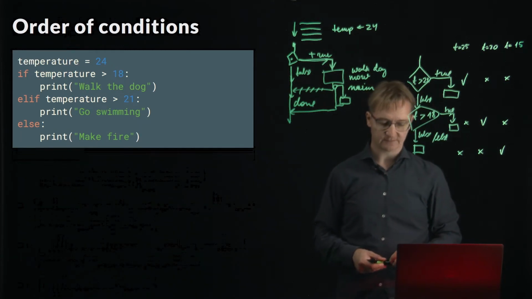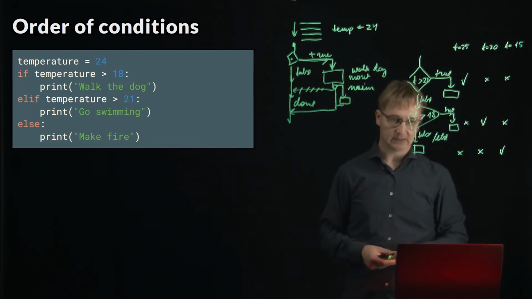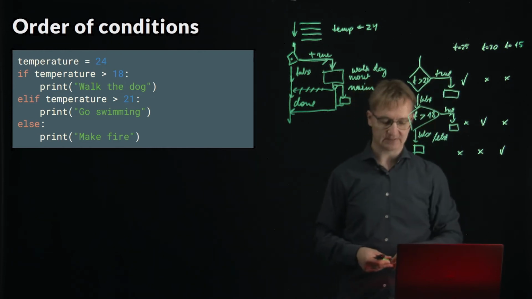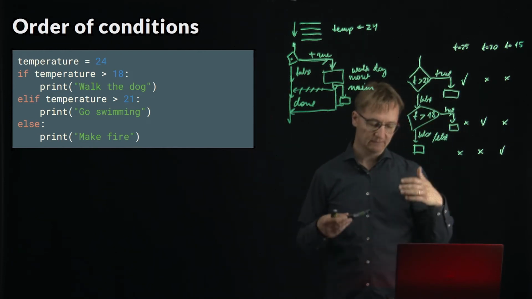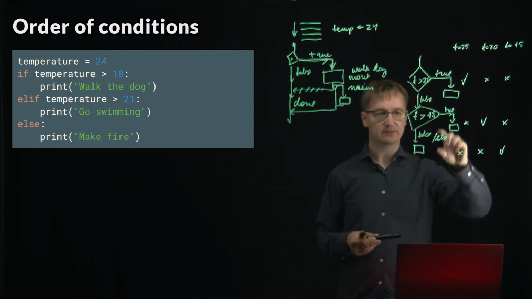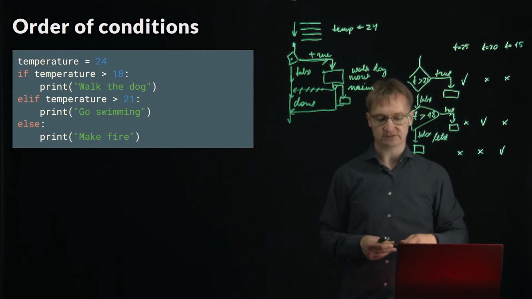The order of the conditions is quite important. Let's have almost the same example as we had here. We have temperature, we have different checks, but this time we switched the first two conditions.